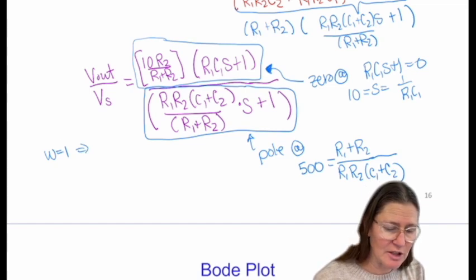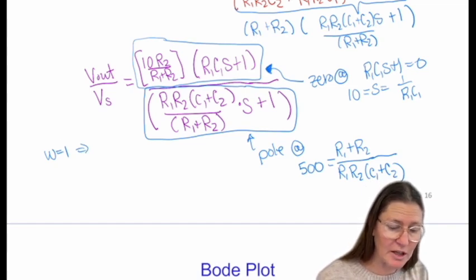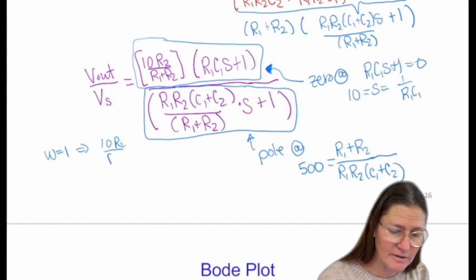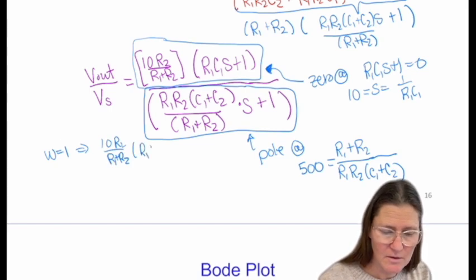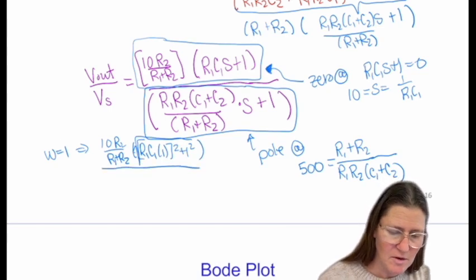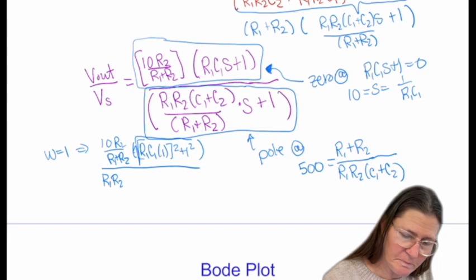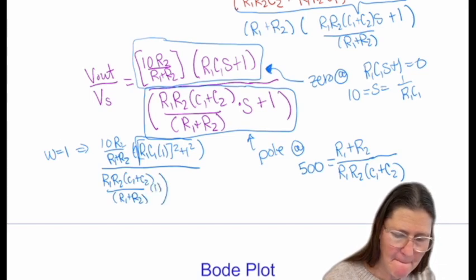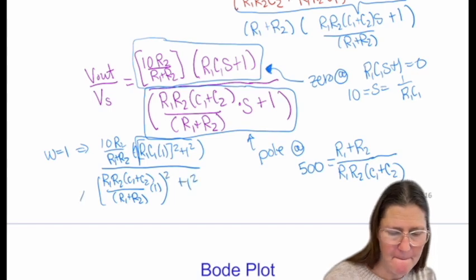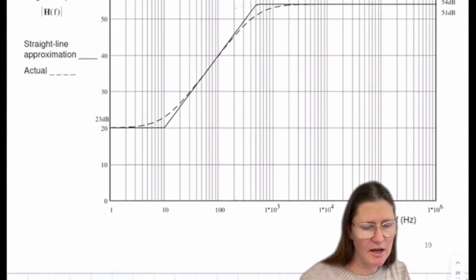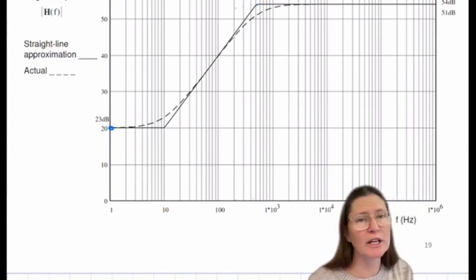And then I'm going to plug in the values for all of these, and same thing on the bottom. And that's going to give me a starting value, and it will give me 20 dB.